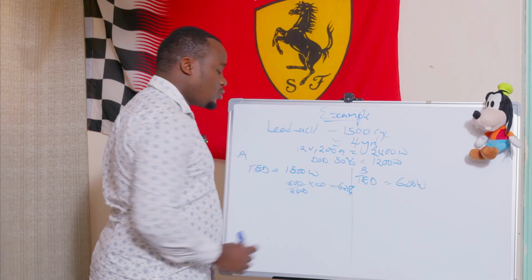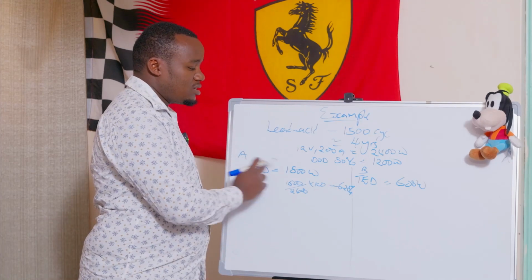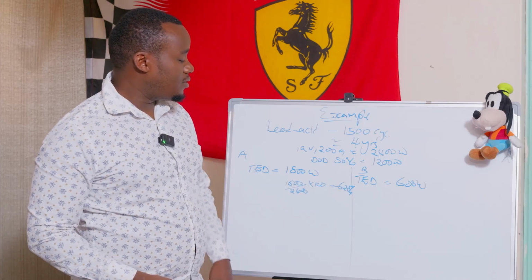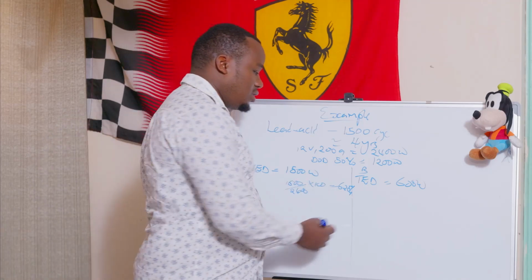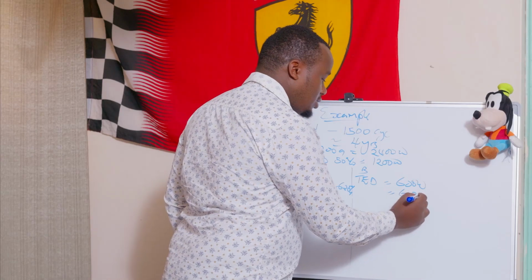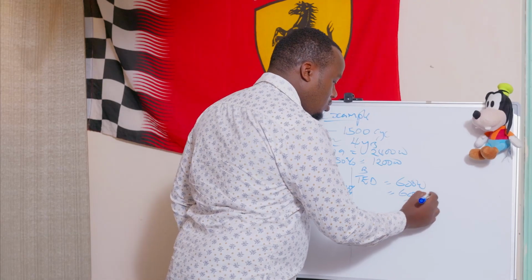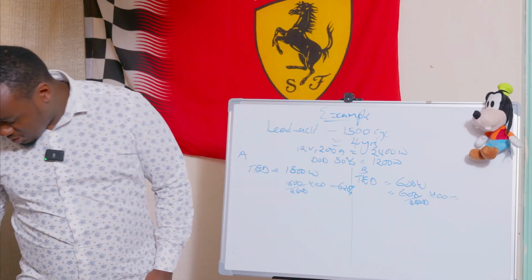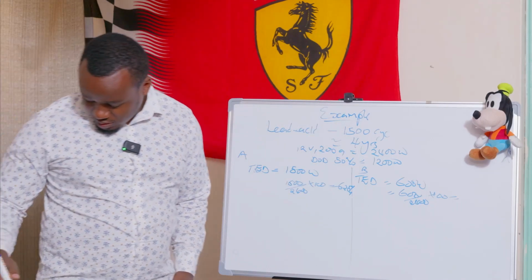So person A is discharging this battery every day up to 62.5%. For person B, the load is 600, you divide by 2400, multiply by 100, and this one is discharging his battery for only 25%.